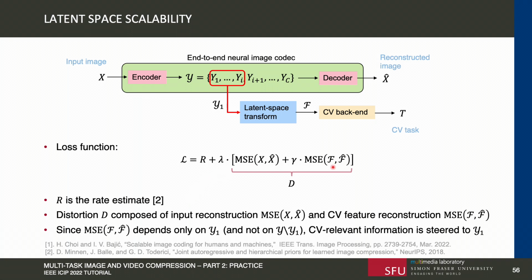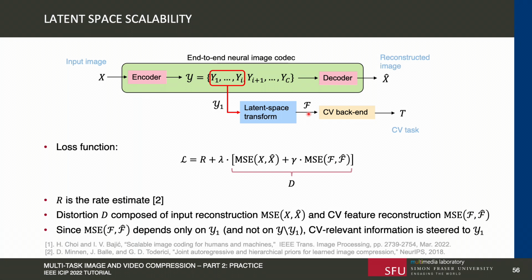And the distortion here is composed of two distortions. So one is related to the input reconstruction, and that's the MSE here at the reconstruction output. And the other one is the feature reconstruction distortion. So that's measured here at this input to the CV backend.